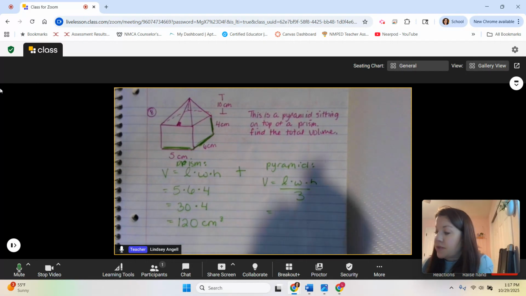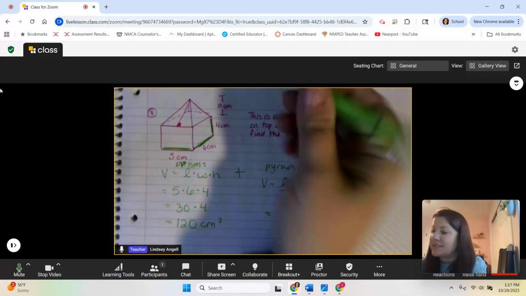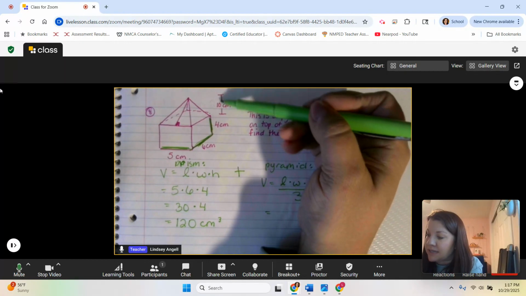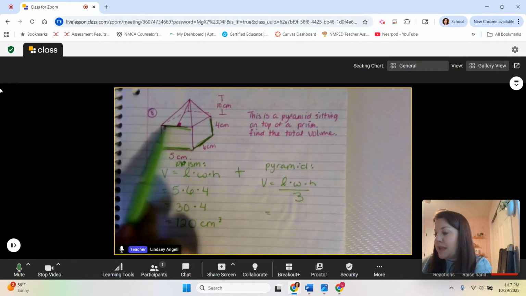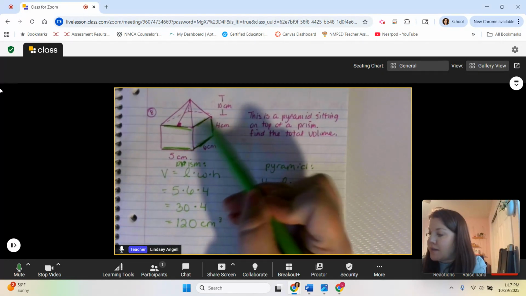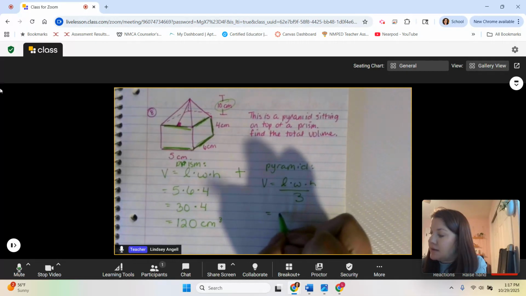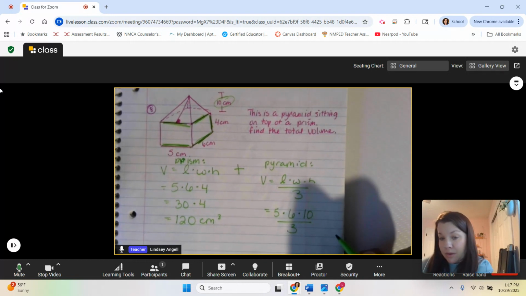Over here, now this is where I have to be a little careful, and clearly my drawing is not to scale, because it says that the height of the pyramid is 10. That's what this measurement is here. Okay, but we still have a length of 5, we still have a width of 6, but now we have the height of 10. So we have 5 times 6 times 10 divided by 3.